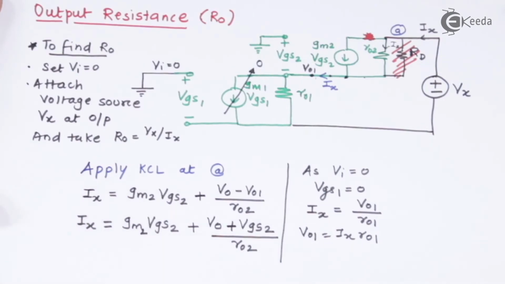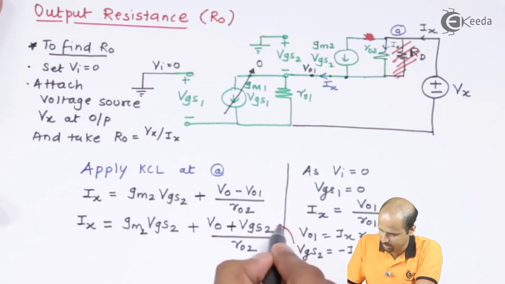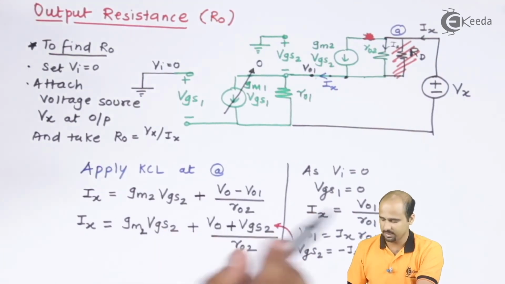Simple. So let's apply this formula for the value of Vo1. If Vo1 is equal to Ix into ro1, then what will be the value of VGS2? That will be minus of Ix into ro1. Simple. So we'll put this value in this particular equation, right? And then we will get the simplified version where everything is in the form of Ix.